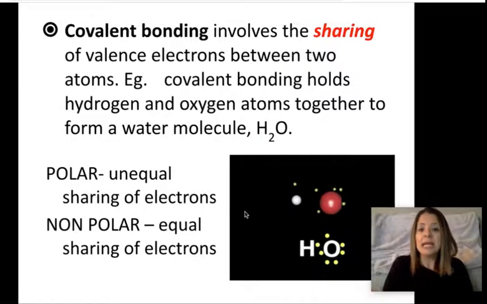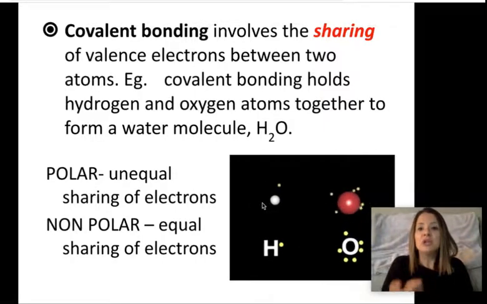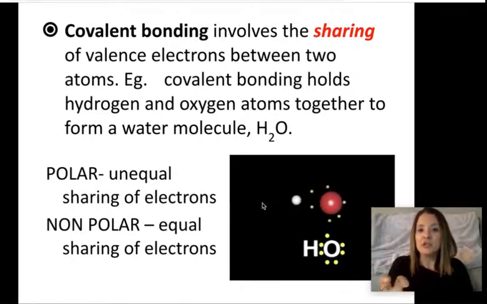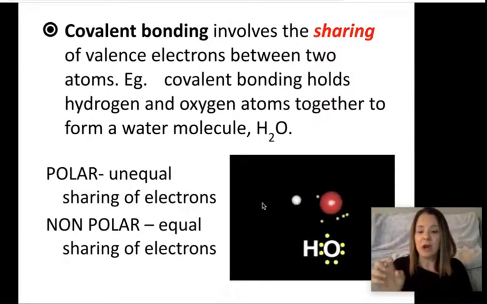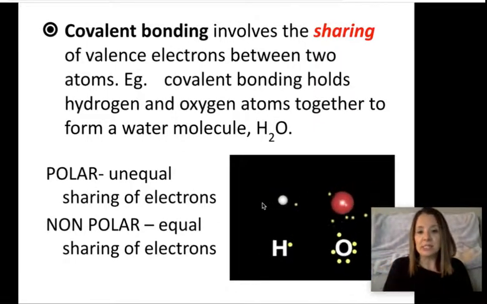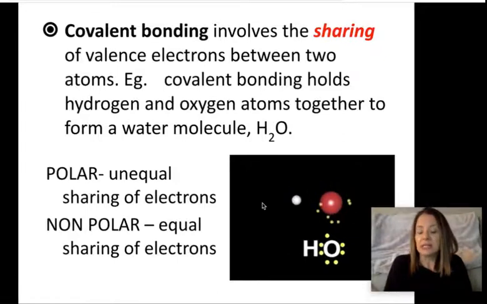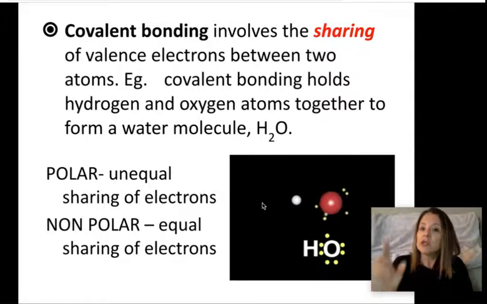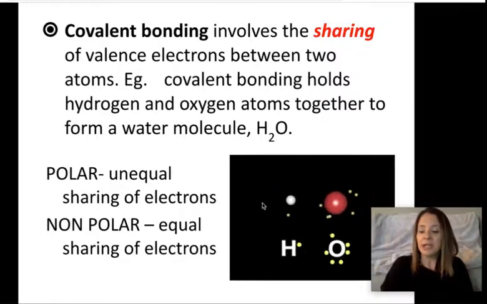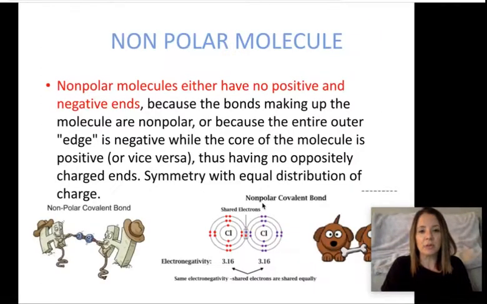Covalent bonding happens when you have two or more atoms, generally between nonmetals, sharing their electrons to complete their octets. In doing so, they can share those electrons equally or unequally, polar or nonpolar. So, covalent bonding and ionic bonding are types of intramolecular bonding.